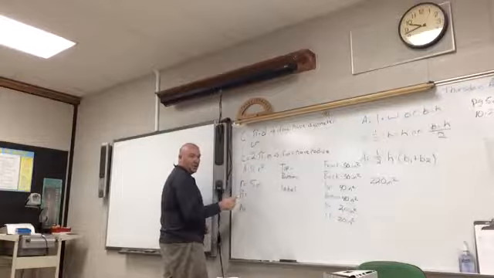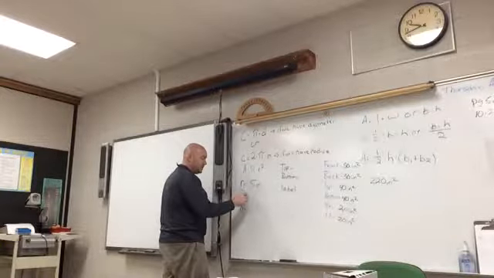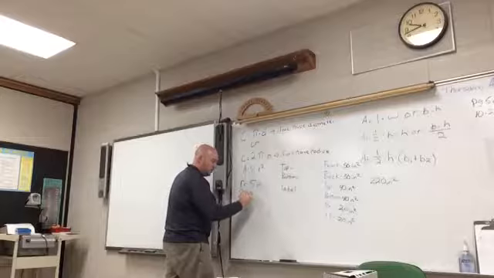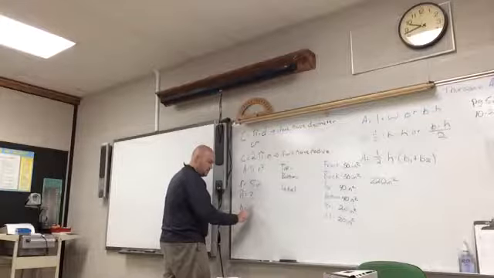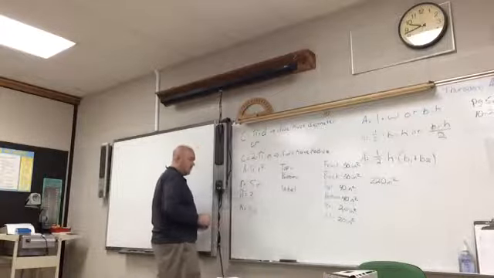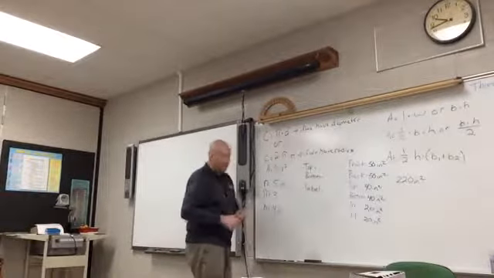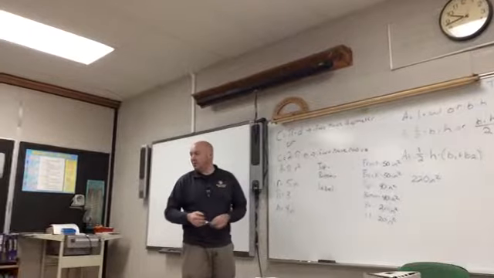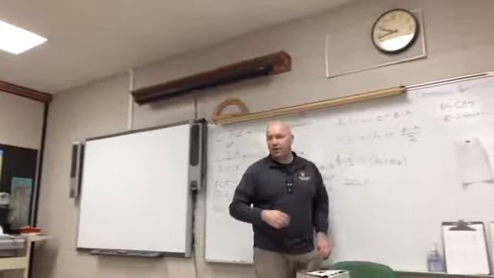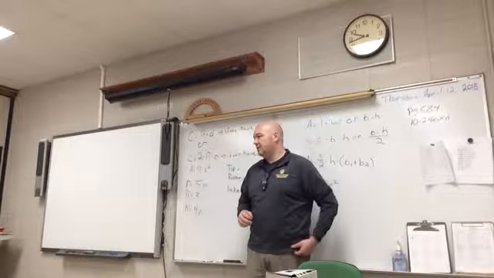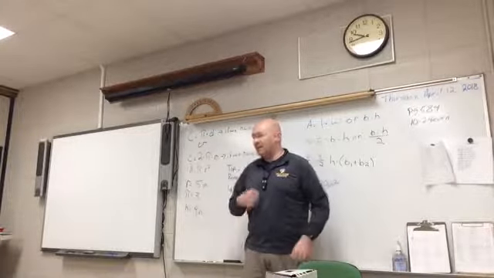I'm going to give you a pi of 3. And I'm going to give you a height of 4 inches. See what you can do with that. Find the entire surface area of that cylinder.